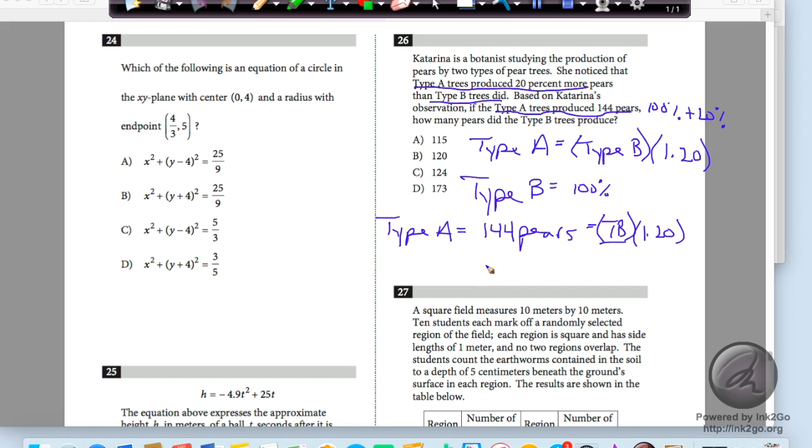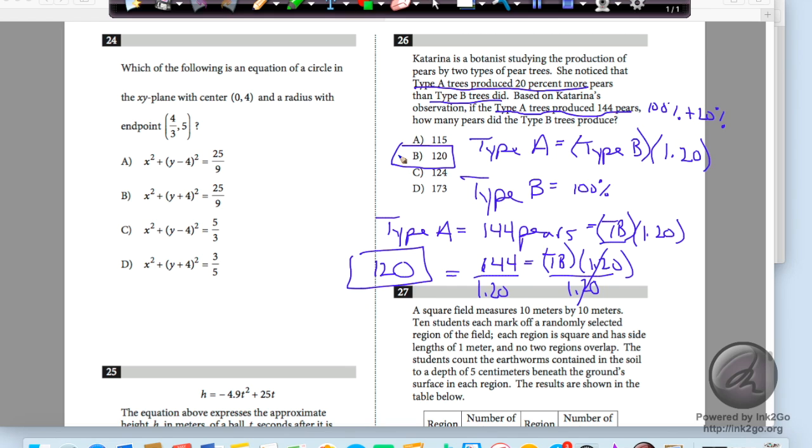If we were to divide, let's say our 144 equals your type B times your 1.20, if I were to divide both sides by my 1.20 here, so here's my 144 divided by 1.20, I'll end up getting my answer for type B. So I'm going to divide these out, and my 144 divided by my 1.20 is going to give me an equivalent of 120 pears. Now 120 pears should give me what my type B should be, and B is going to be your best possible answer.